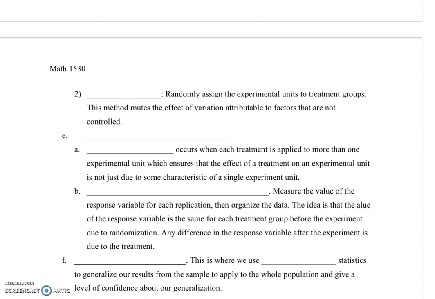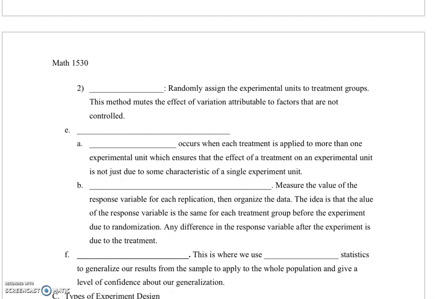So the other way to deal with the factors is by randomizing. And that just means you randomly assign experimental units to treatment groups. So that method mutes the effect of variation attributable to factors that are not controlled.